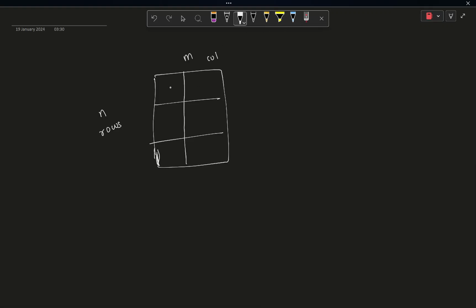Now for any cell, let's say you talk about this cell, there are eight paths. Either you go towards this path only, or there, or there, or here. Any one of these places, you just go on in only one direction. If you go here, then you will keep moving in that direction as long as there are cells in the way.